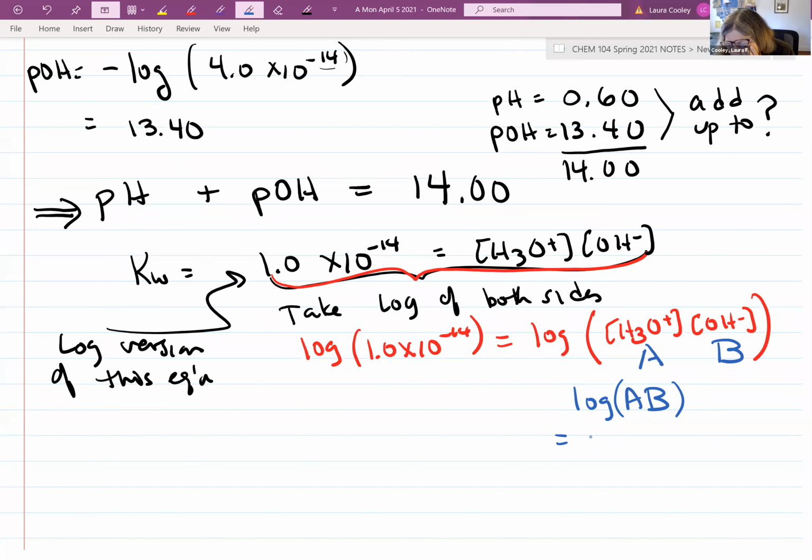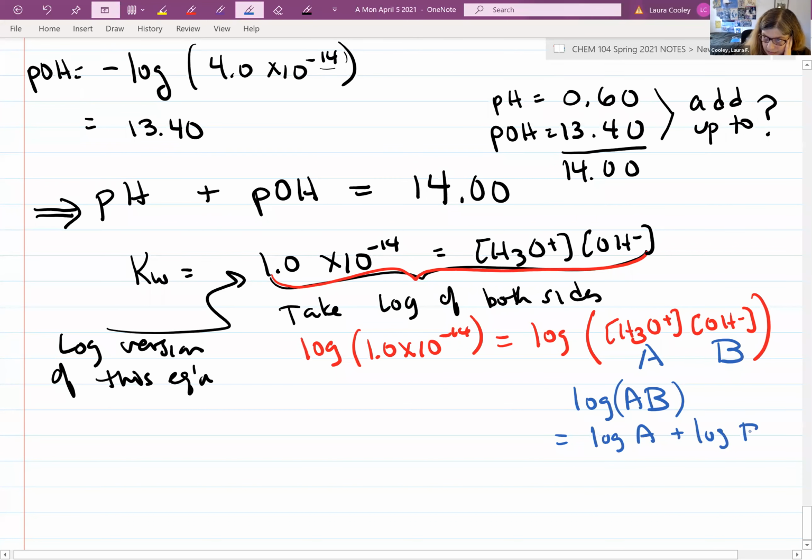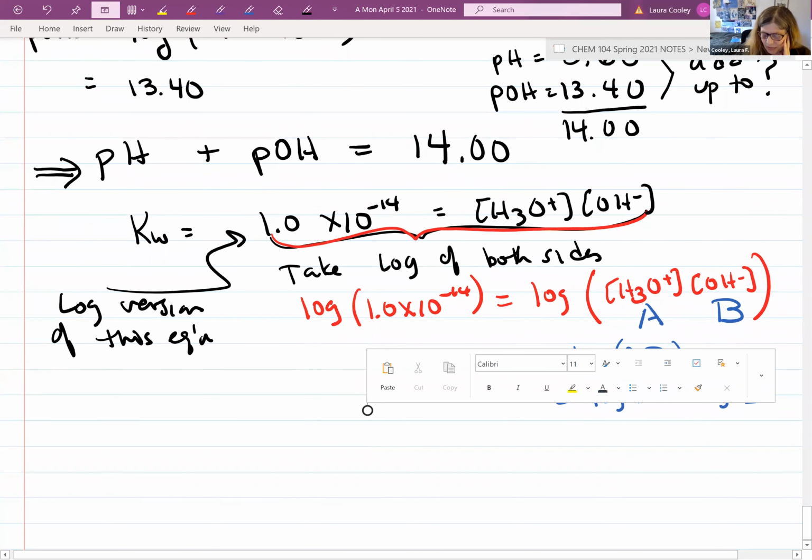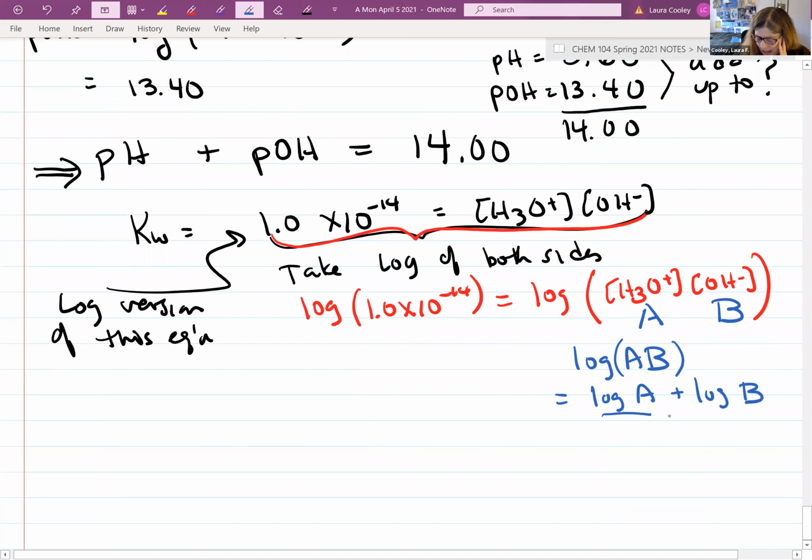So where the heck are the chats? Oh, there it is. So what about the log of AB? Is it 1? No, no, no. It depends on what A and B are. It's the log of A plus the log of B.